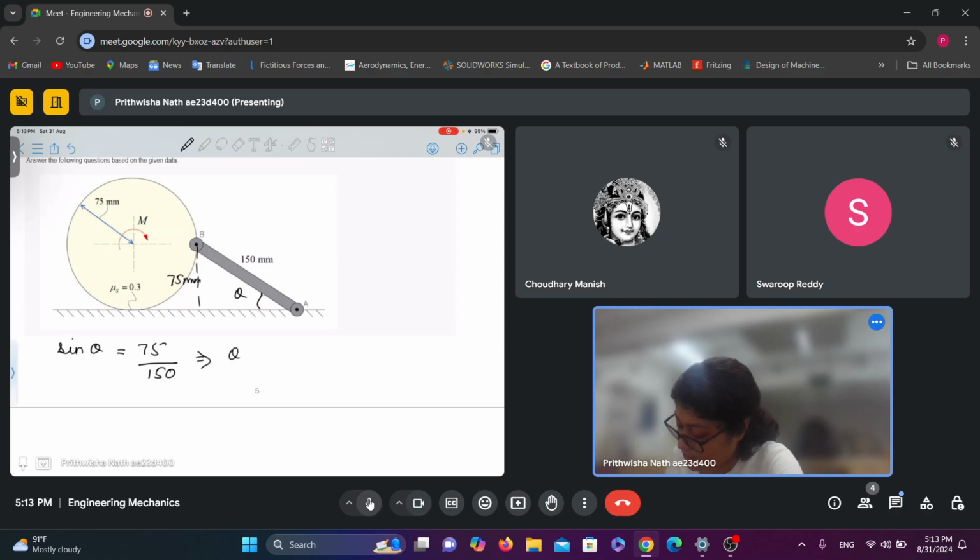So theta will be sine inverse of 75 by 150. So theta is 30 degrees.